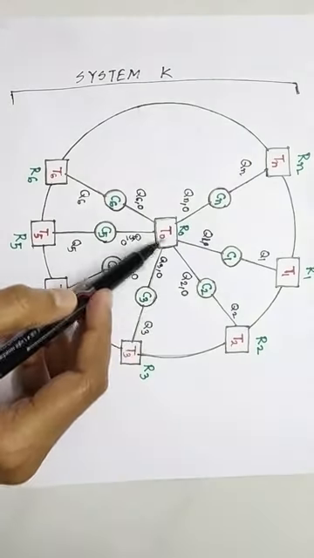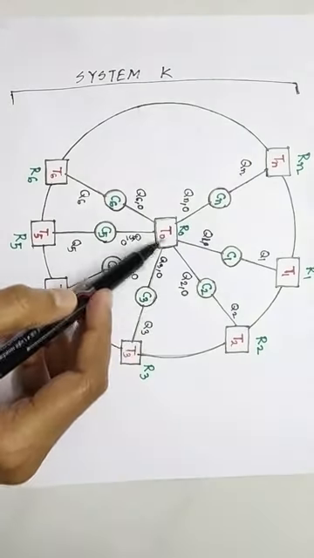So again, for Carnot engine C2, Q2,0 by T0 equals Q2 by T2, which implies that Q2,0 equals Q2 by T2 into T0.